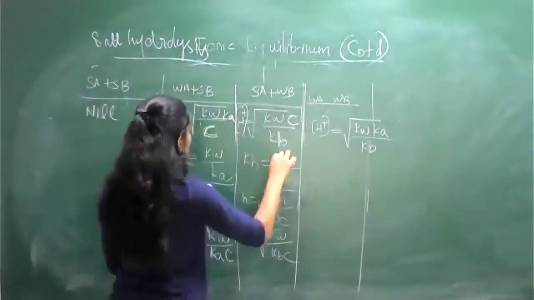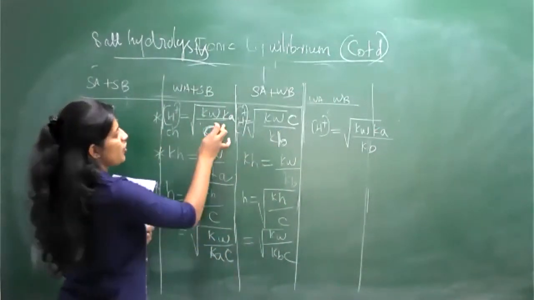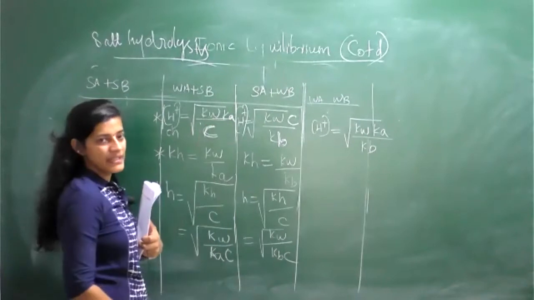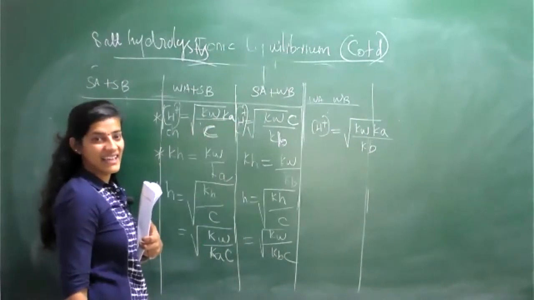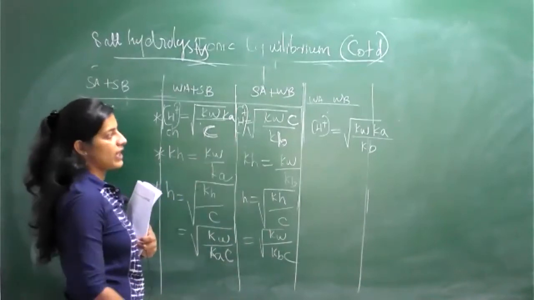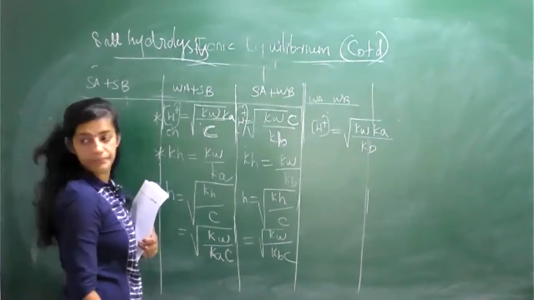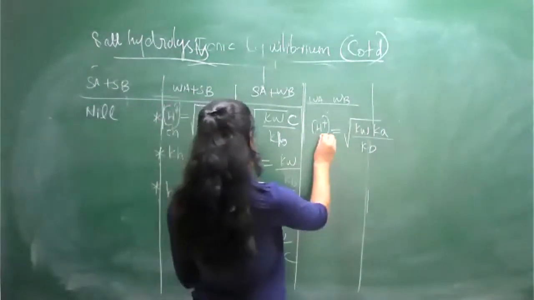This is Kb. Just multiply. So Kw Ka should be there upside. Cc gets cancelled. We can say like that. Just a trick. If you know these two things, you can apply weak acid, weak base. So this is the equation for H plus ion.